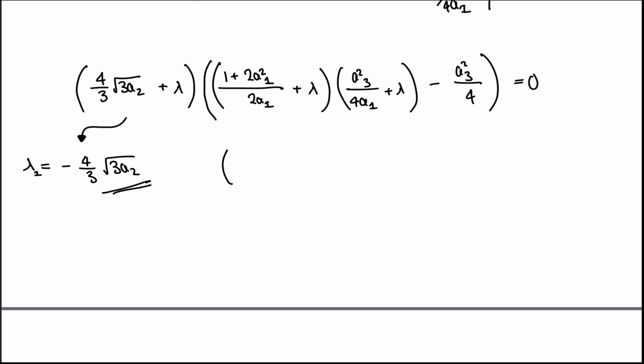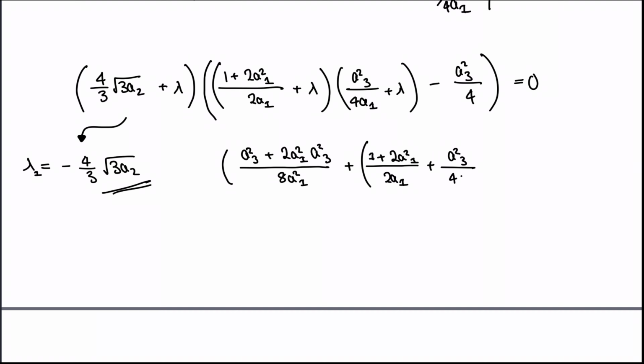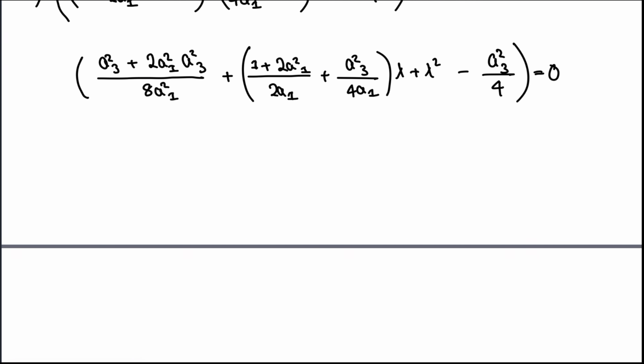If we now expand the bracket, we get a squared 3 plus 2 a squared 1 a squared 3 all over 8a squared 1, plus 1 plus 2a squared 1 all over 2a1 plus a squared 3 all over 4a1 plus lambda, plus lambda squared, and then minus a squared 3 all over 4. Cool.